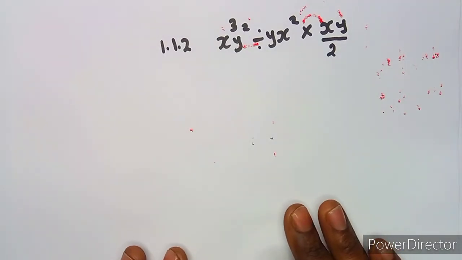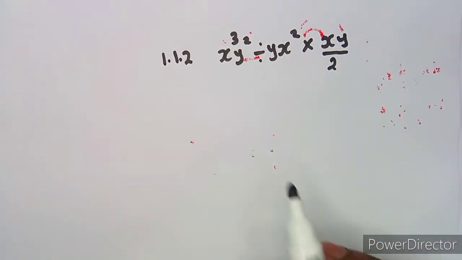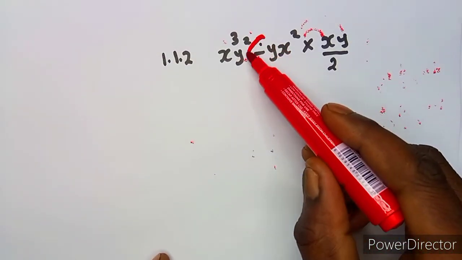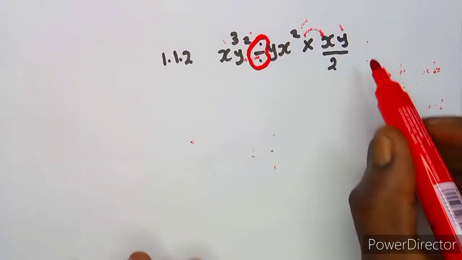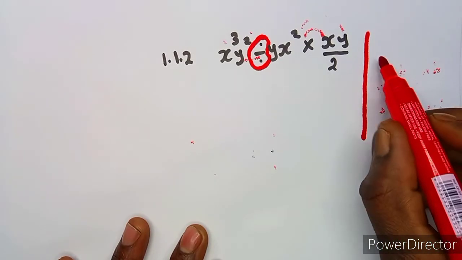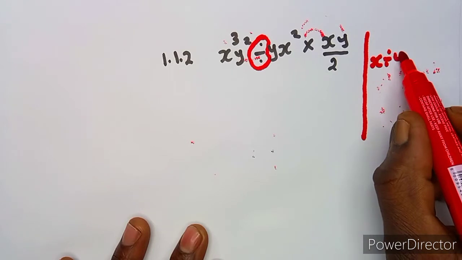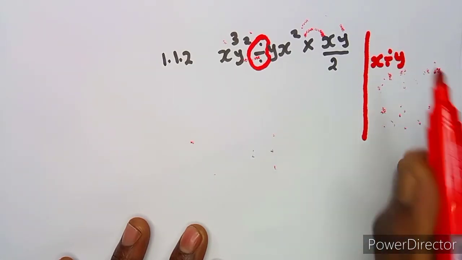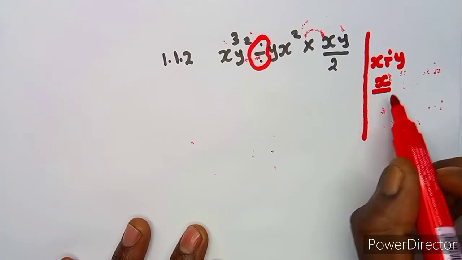We all know this, guys, that if I am working with a division, whenever there is this sign here, a division, you can introduce multiplication. Let me just indicate this way. If you are dividing x by y, it is the same thing as writing it as x over y.